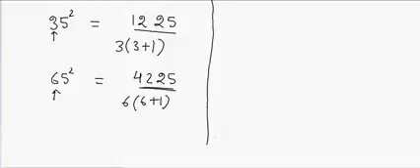Suppose we have any number which ends with 5. That number can be written as 10x plus 5. Here, if x is equal to 3, then this number will be equal to 35, right?